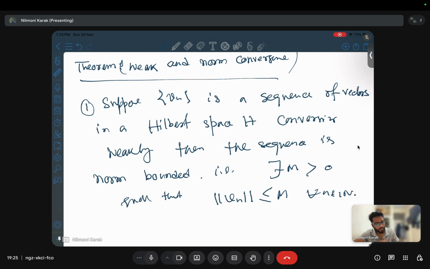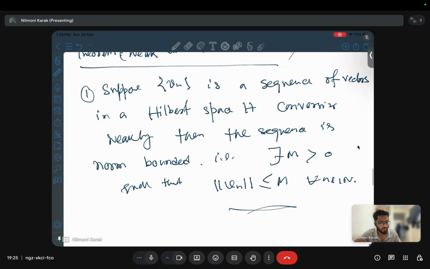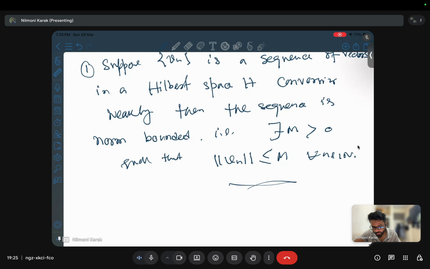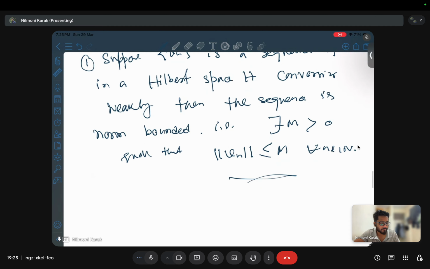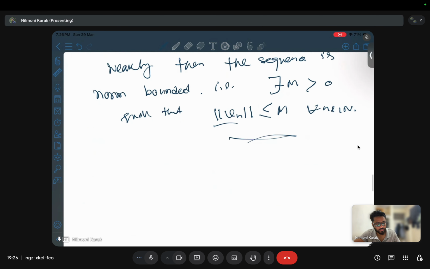Here you can use the Banach-Steinhaus theorem: consider a map Tn from H to C, and then using Banach-Steinhaus you can argue the sequence is bounded. We will see later.